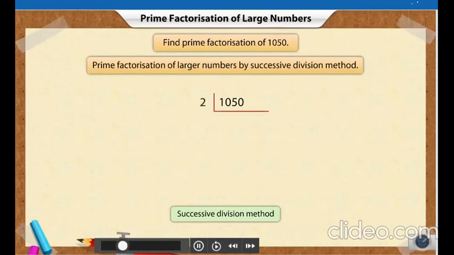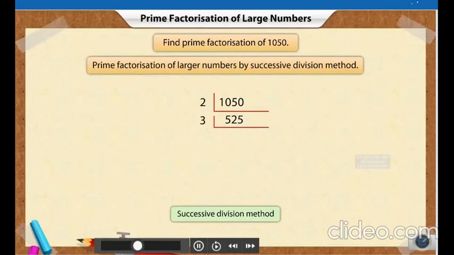On dividing 1050 by 2, we get quotient 525. Now, find a prime number that divides the new quotient 525. By using the divisibility rule of 3, you can see that 525 is divisible by the prime number 3.